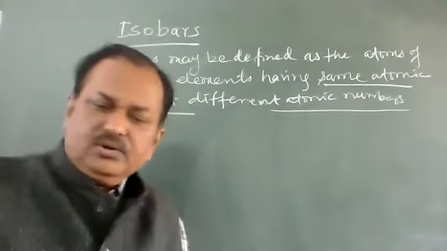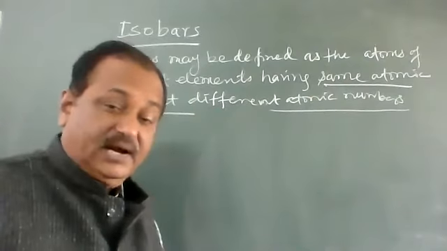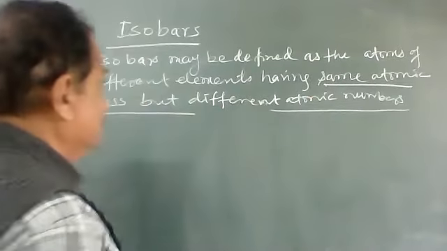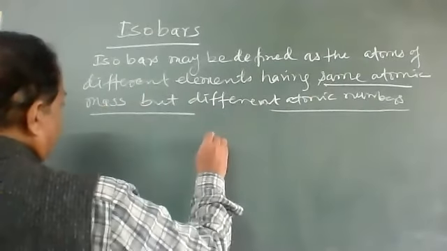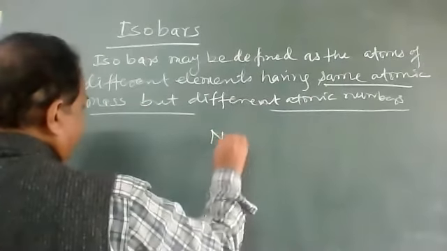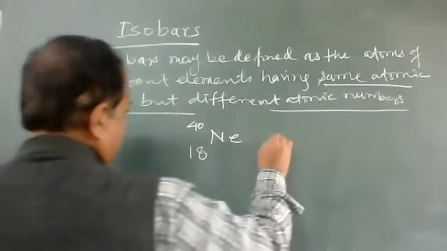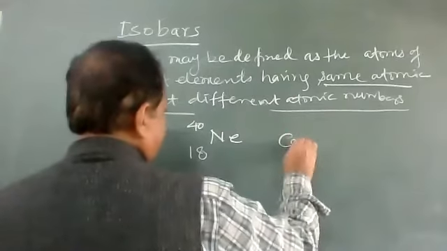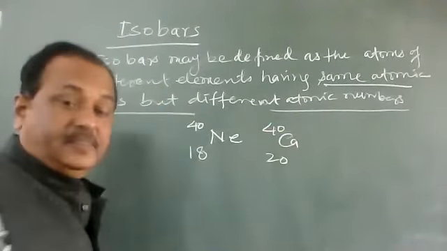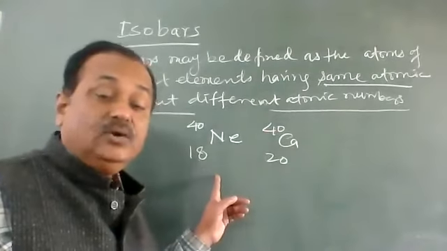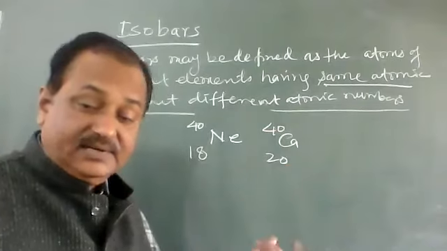Isobars are rare in number. Isobars, like this: argon 18, 40 and calcium 20, 40. Argon is a noble gas. Calcium is a very reactive metal.